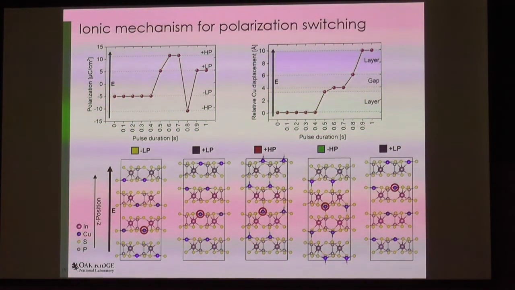But the copper crosses the layer. Your copper atoms are a current that eventually crosses both the Van der Waals gaps and the layers themselves. So it's really exploring the whole lattice. Yeah, so basically copper consistently goes up, and as it goes up, polarization changes.